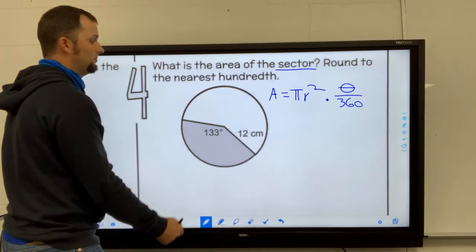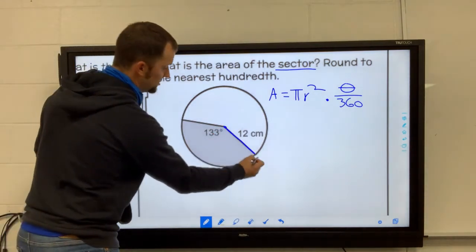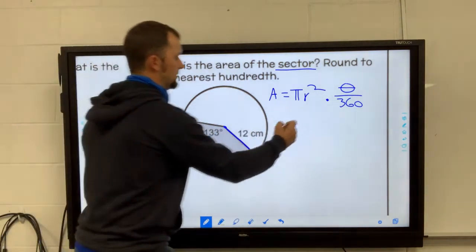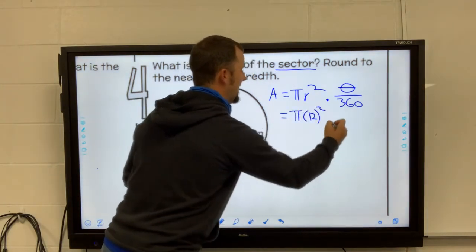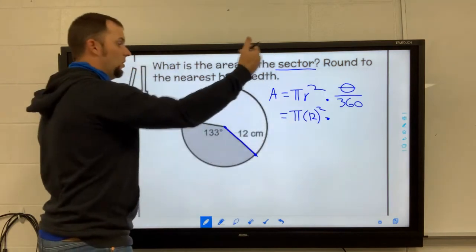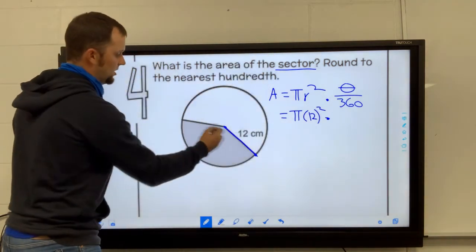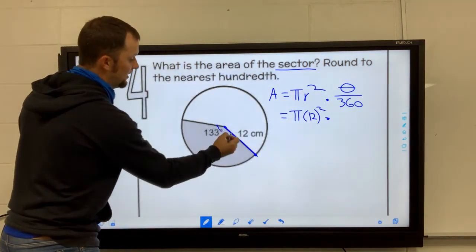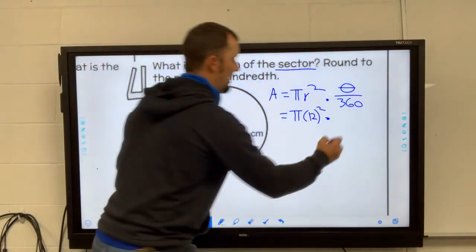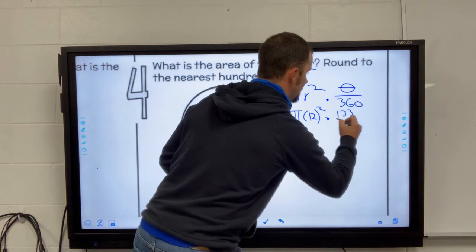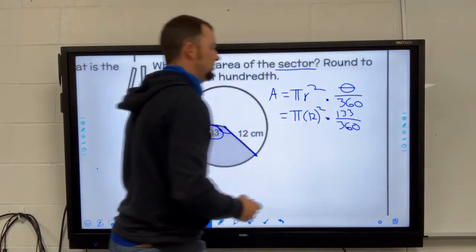So right now, if I look, my radius from the center to the edge of the circle is 12. So A is going to equal pi times 12 squared, and I'm going to multiply that by theta over 360. Well, I'm trying to find this shaded area, so my central angle right now is 133. So I'm going to put 133 over 360 degrees.